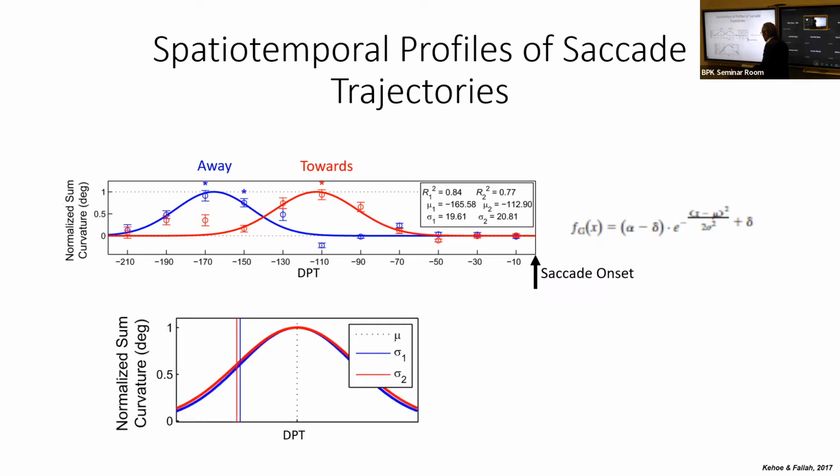In fact, if you take these normalized functions and you overlay them so that the peaks line up, the two curve fits are basically the same, 19.6, 20.8 for those peak points. The shapes are very, very similar. And so what we see is that the effect of the distractor, whether it is an attractor or a repulsion from inhibition, it's the same circuit.